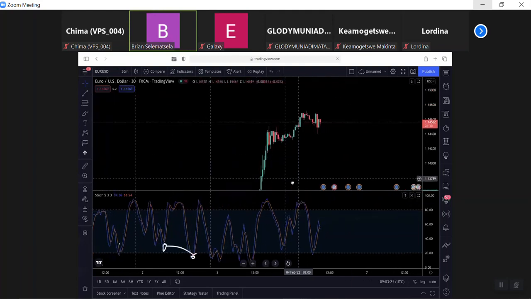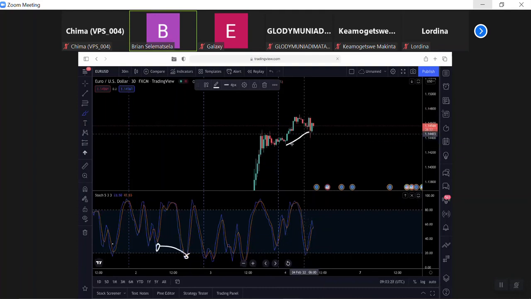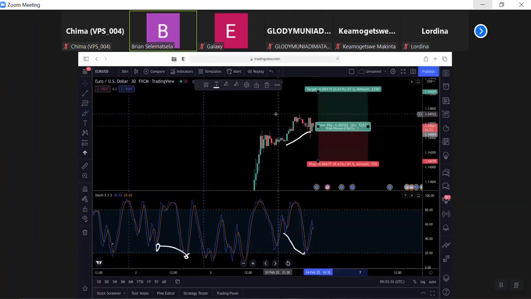And simply from here to there, from here to there, it has crossed to the upside. So meaning another trade is supposed to be taken, going up like that.